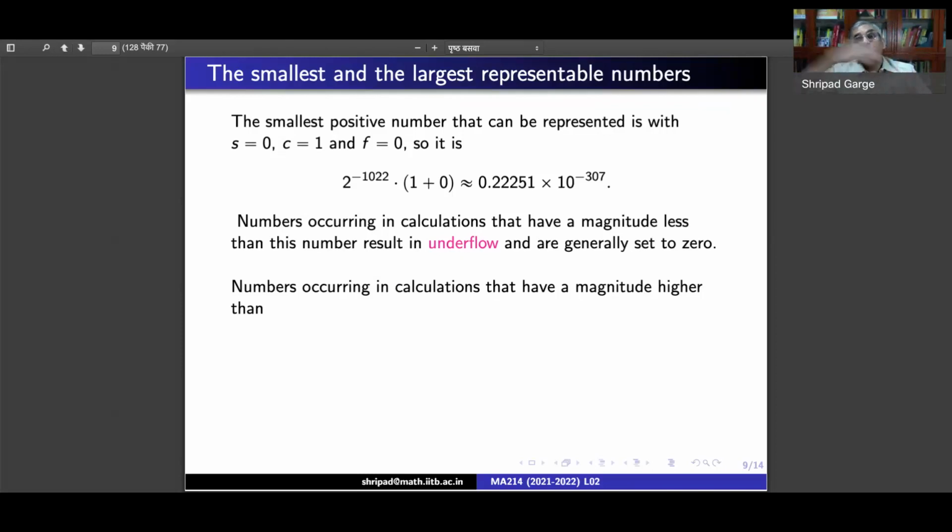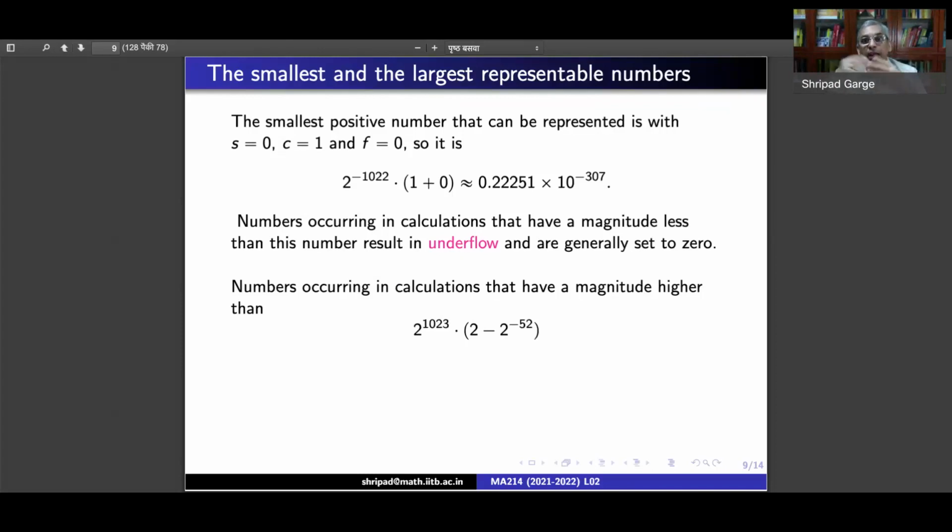Similarly, there is the largest possible number that can be represented, and it is this number, 2 power the highest possible thing. So the characteristic c has ones for all 11 bits, and so that's the exponent 2 power 1023.